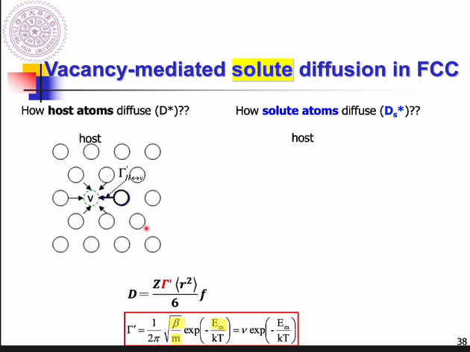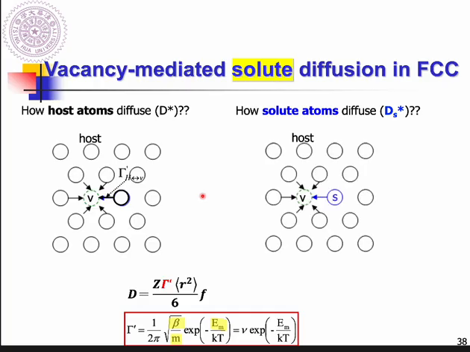But what's the vacancy mediated solute diffusion? It means that I have a dopant, a substitutional dopant. For example, I have a solute atom, and I dope the solute atom to replace the host atom.